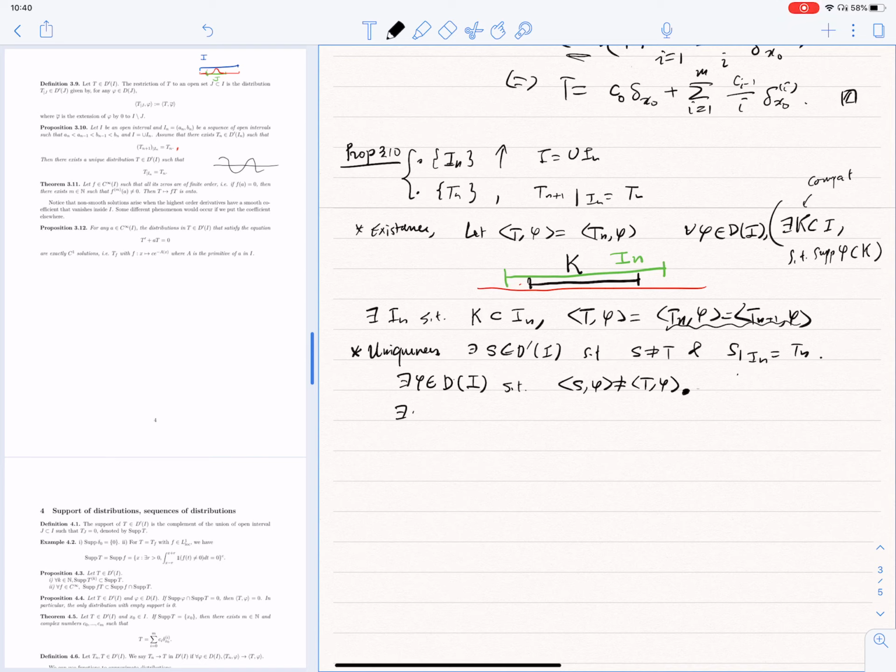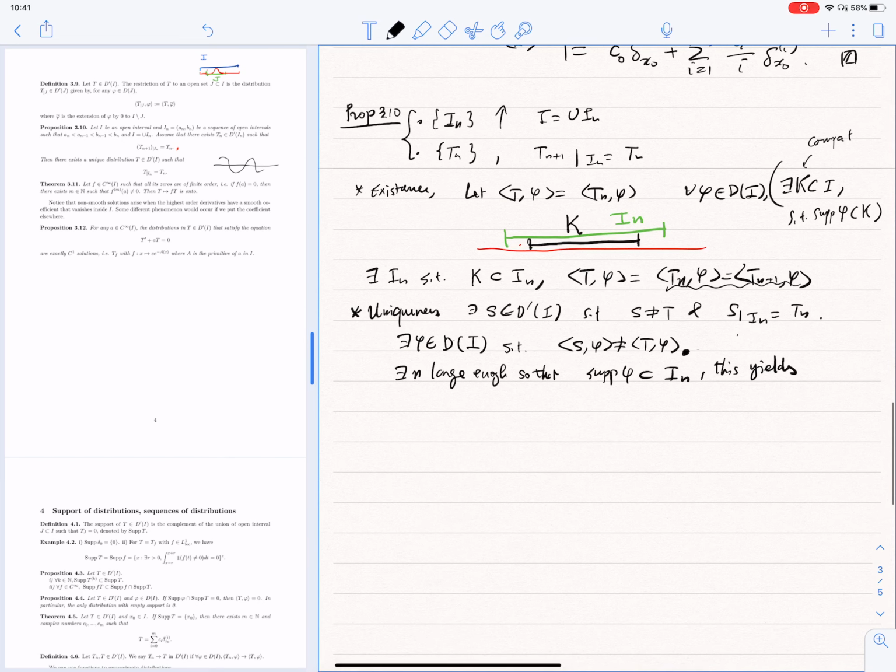Also there exists an n large enough so that the support of phi is included in I_n, as we have argued before.